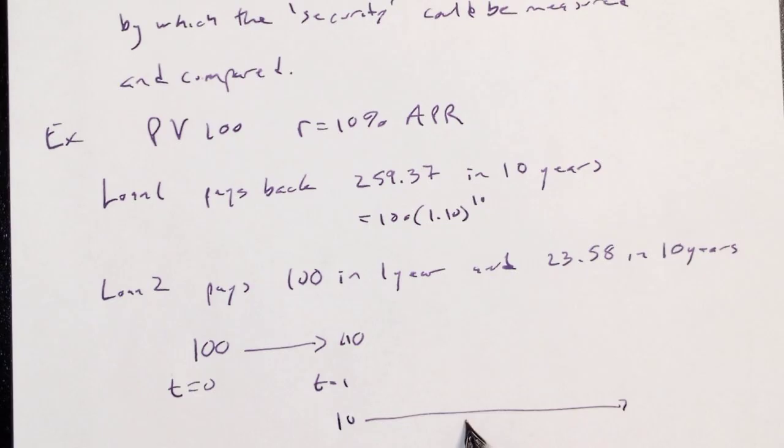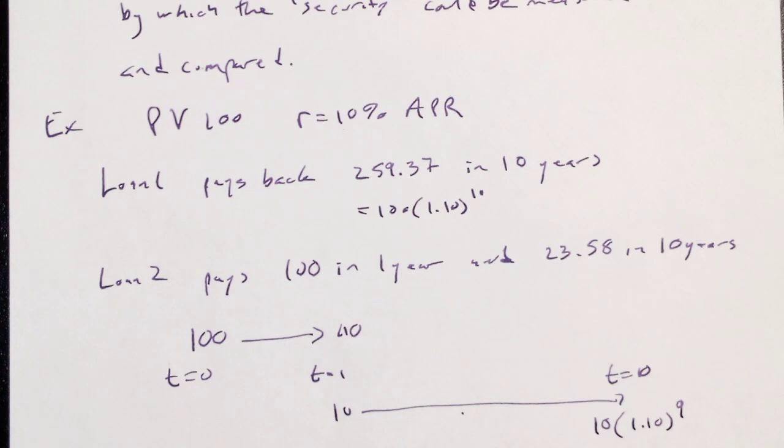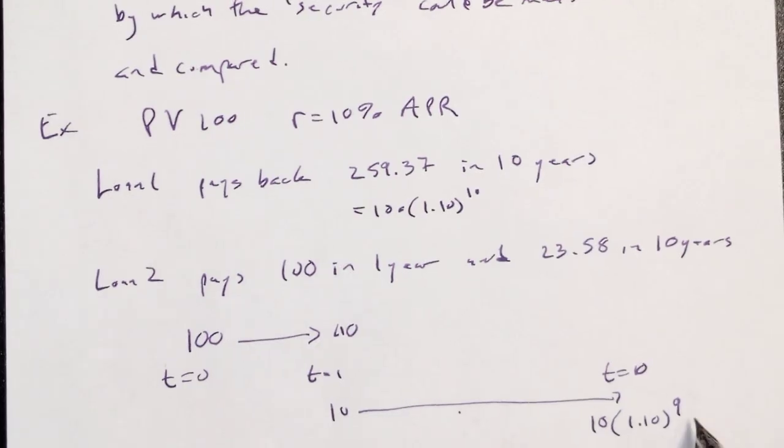And I hold that for another 9 years. What's the future value of that $10? Oh, that's 10 times 1.10 to the 9th, which is, lo and behold, it is.